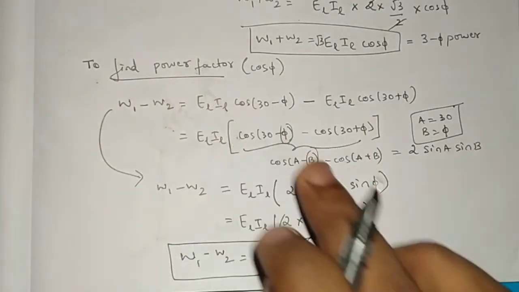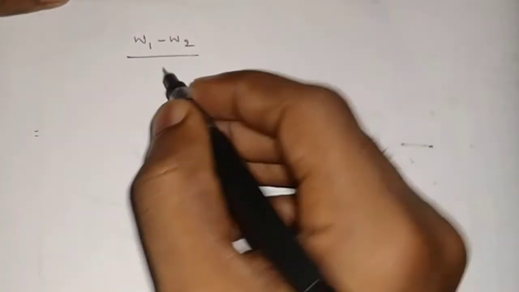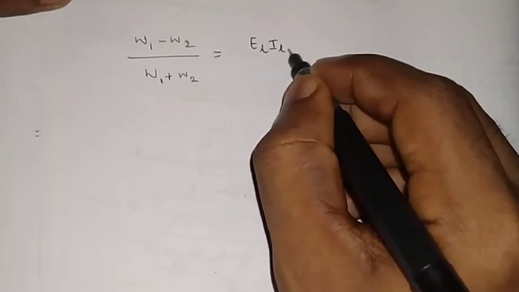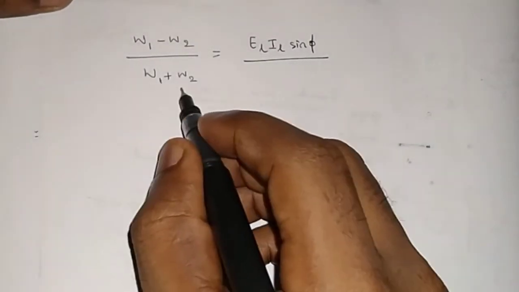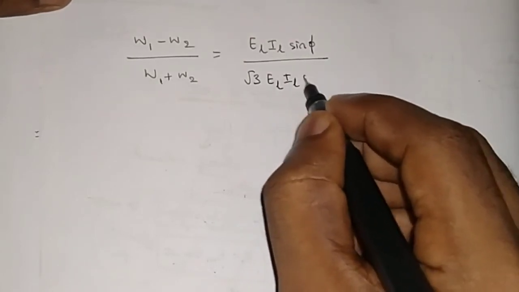So to find the formula for power factor, we found W1 minus W2, that is EL IL sin phi. After finding this, next I am going to divide W1 minus W2 divided by W1 plus W2. So you will get W1 minus W2, we have found that we will get EL IL sin phi, divided by W1 plus W2, we have derived that it will be equal to root 3 EL IL cos phi.